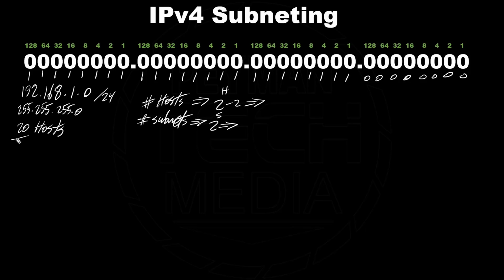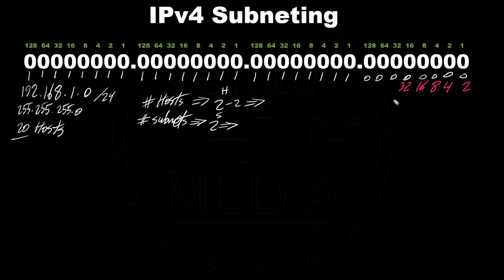So they said 20 hosts. One way to find out is to simply count at the bottom, going from right to left, starting with number 2. So 2, 4, 8, 16, 32, and again it's by block, so block size 2, 4, 8, 16, 32.